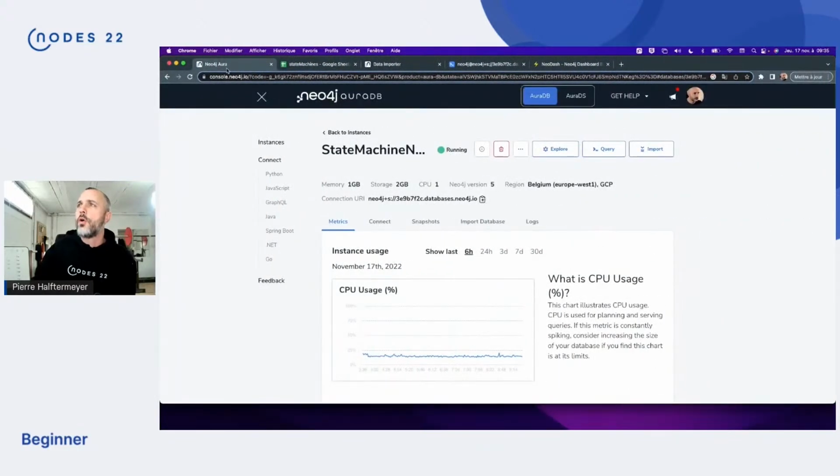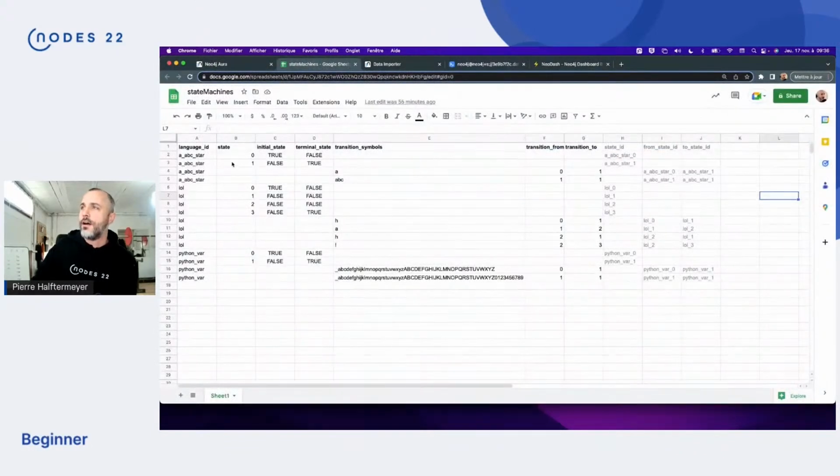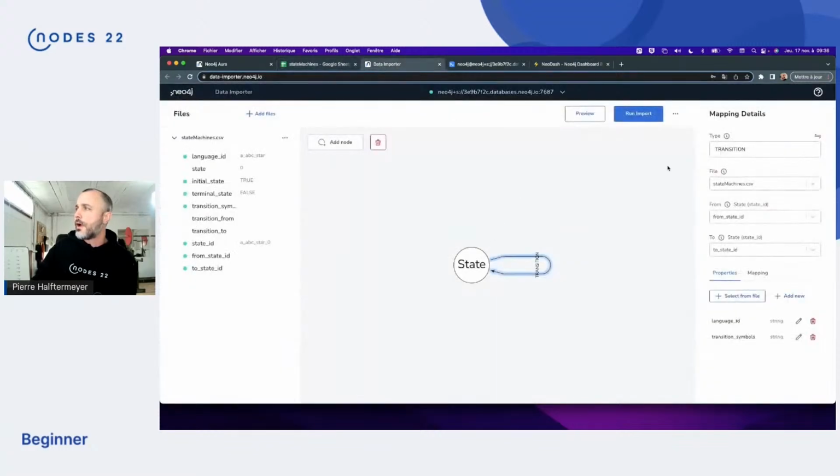So I have an Aura instance. I have my state machines data file. I've already imported it, but it's really easy: you draw the metamodel with transitions from state to state, and you can ingest your CSV from a very easy mapping.